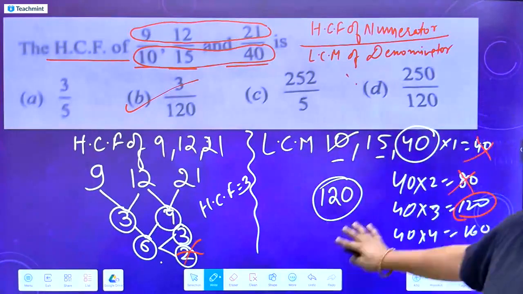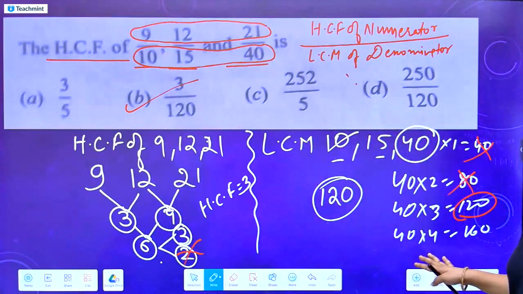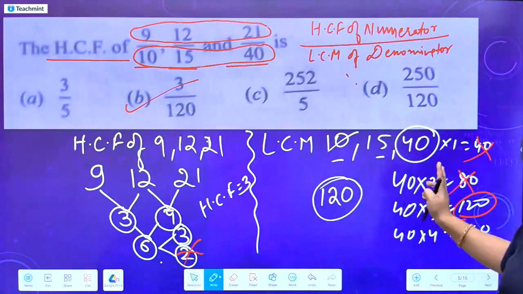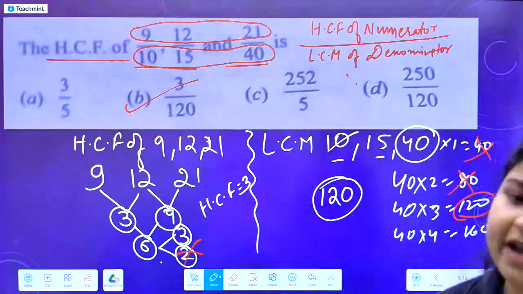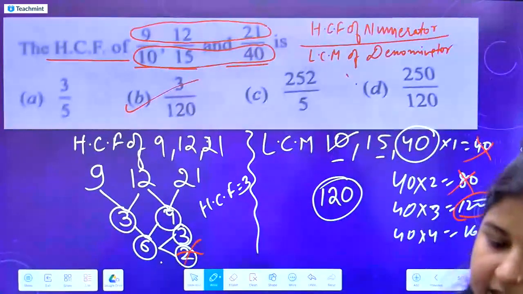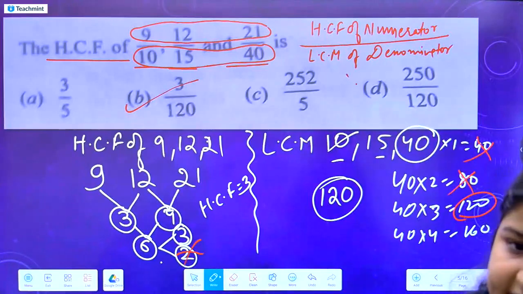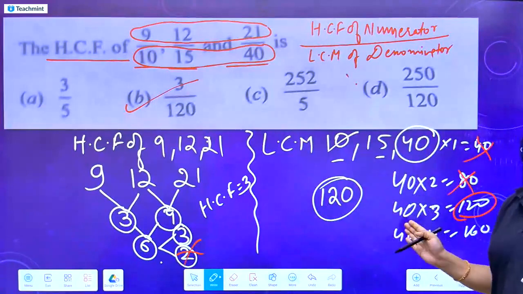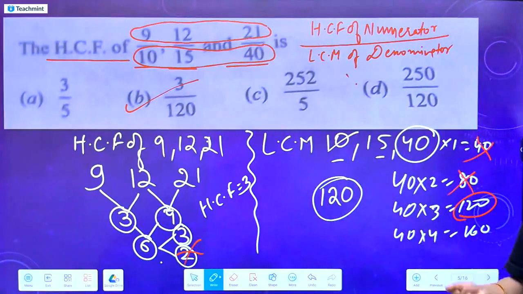The first way is to write the table of the greatest number and see whether the multiple is divisible by the number that does not divide 40. If yes, then that shall be my LCM. Now, it was a small number, like 40 multiplied by 3, so I got my answer.